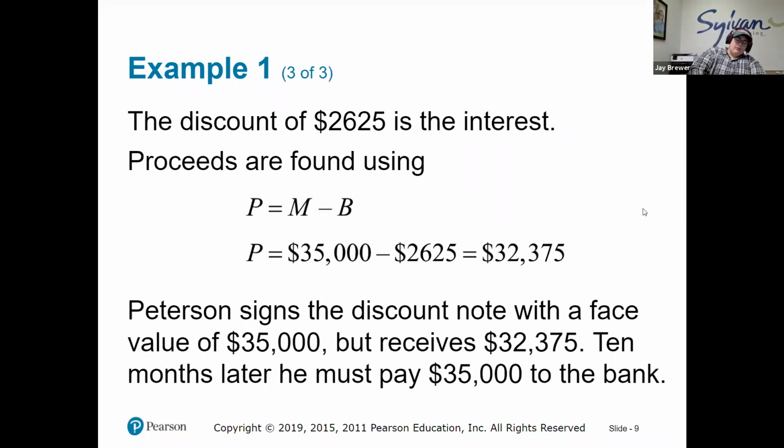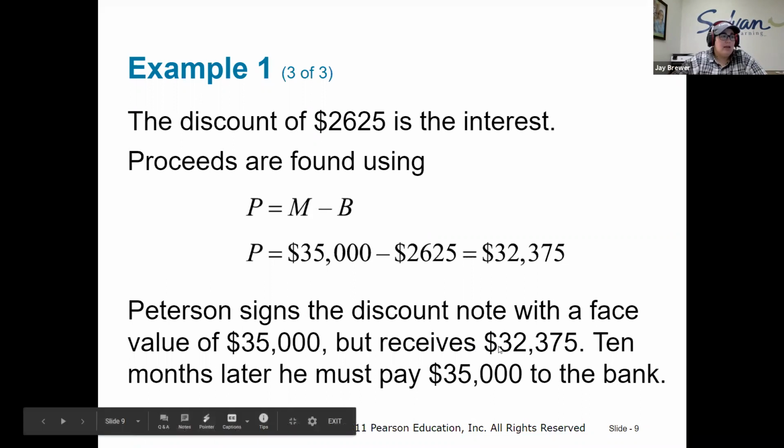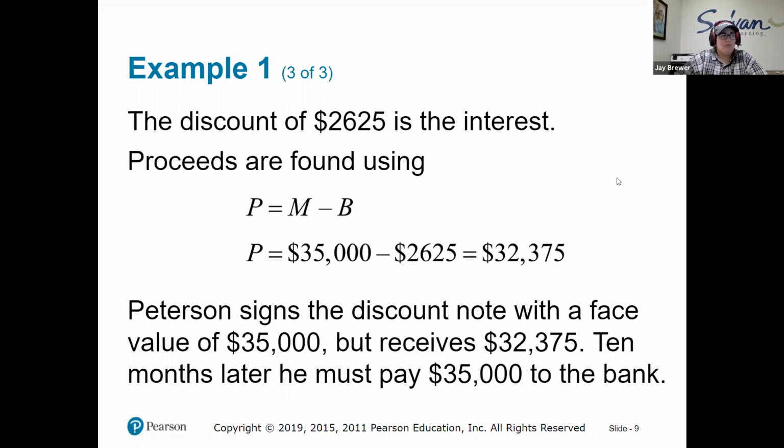Now, let me tell you something about banks. When you get a loan like this, he may have received this big honking check here. But the reason he went into the bank was to buy this business truck, right? He told the bank it was for his business. He was going to buy a new truck with a plow on it so he could do snow removal. Now, in a way, you would like to think, well, it's my money, so I can do what I want with it, right?